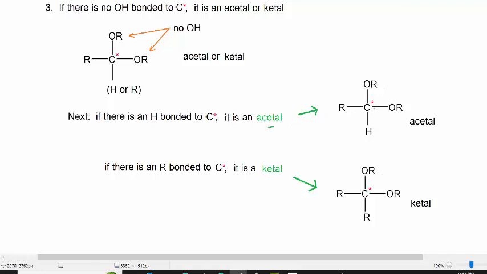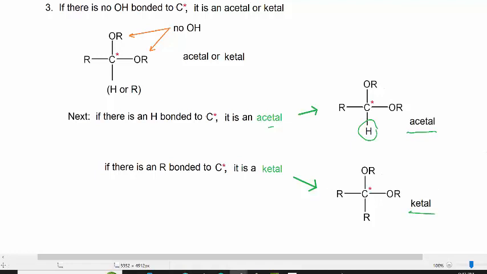So in this example here, there's a hydrogen attached to the starred carbon, therefore it's an acetal. If there is no H directly attached, that is, if there is only R groups bonded to the starred carbon, it's going to be a ketal.